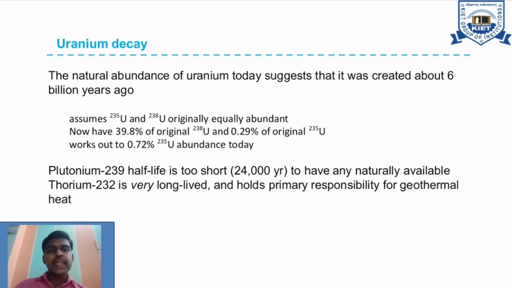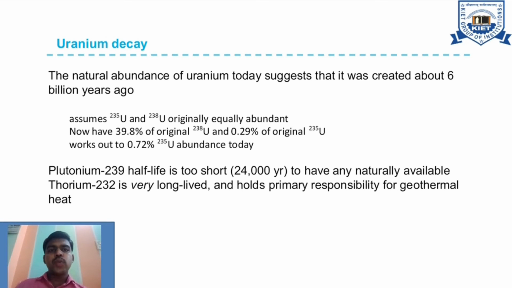But our scientific assumption is that uranium 235 and uranium 238 were originally equally abundant, but 39.8 percent of the original 238 uranium and 0.29 percent of the original 235 uranium remain. This is the percentage content of the uranium that decayed. Why consider this percentage?